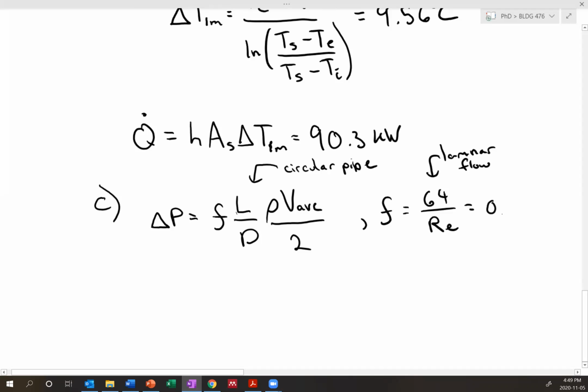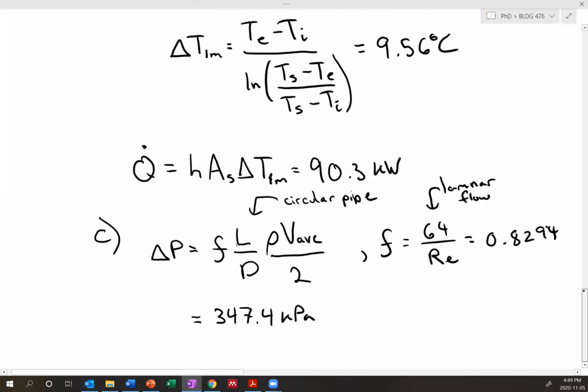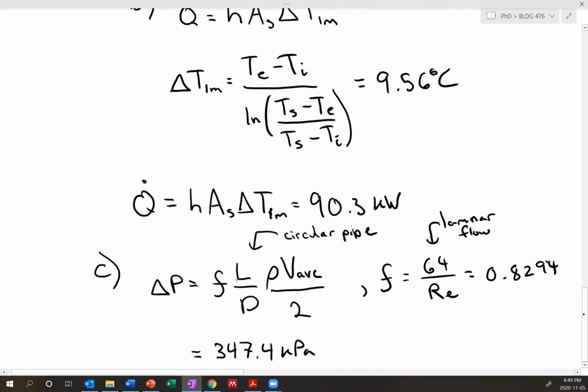This is equal to 0.8294. Plugging all that in, we'll get a pressure drop of 347.4 kilopascals.